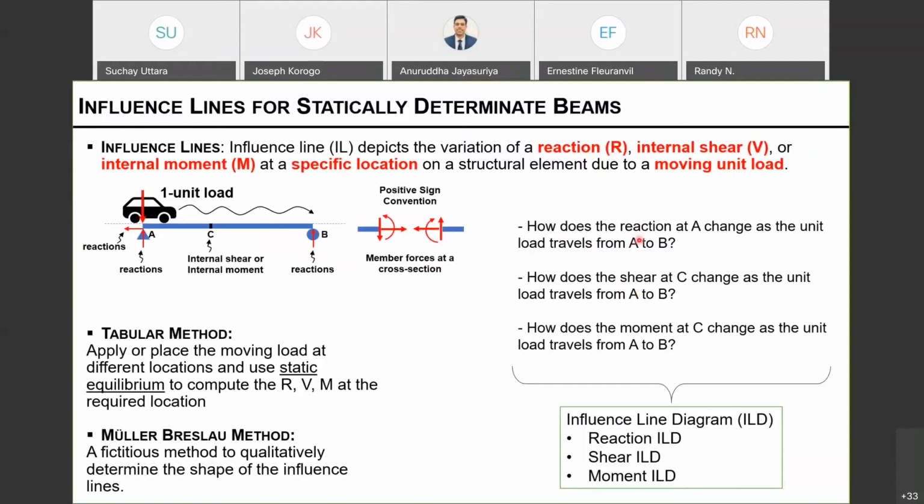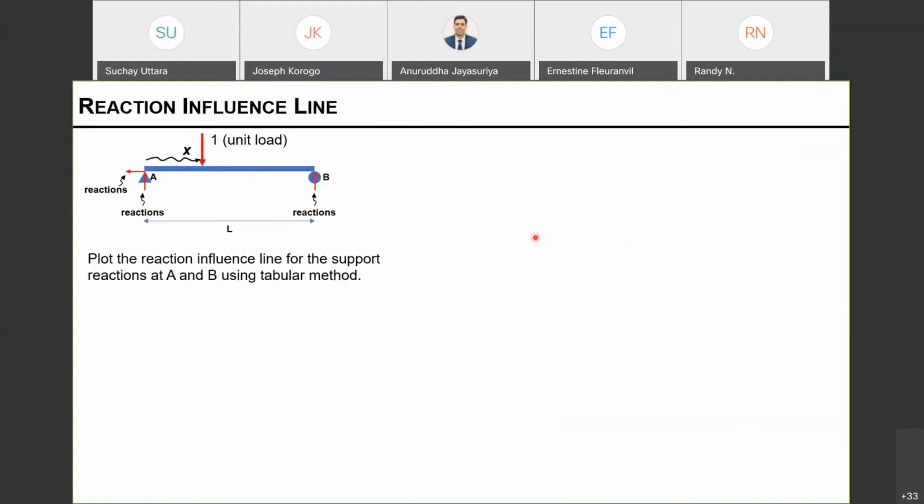Let's take a look at the support reactions first. In this one, we have a beam that is supported at A and B. At A we have a pin support, at B we have a roller support, and we let this 1 kilonewton or 1 unit load move across this span from A to B. We are interested in plotting the reaction influence line for the support reactions at A and B. By virtue of it saying reaction influence, that is reflected on the supports, okay?